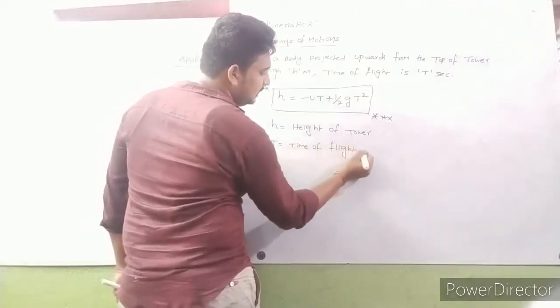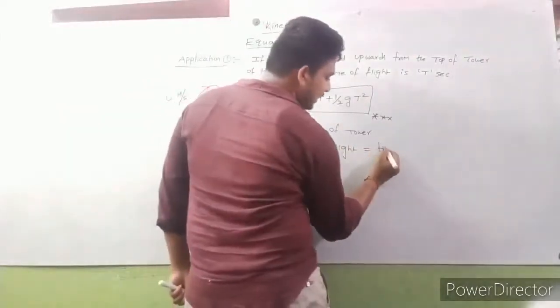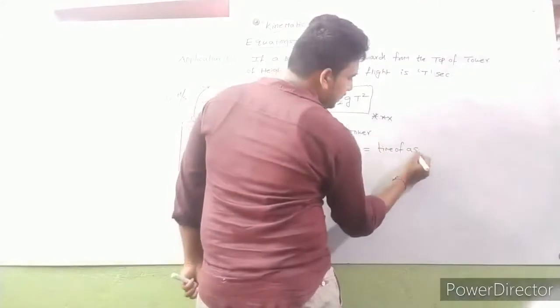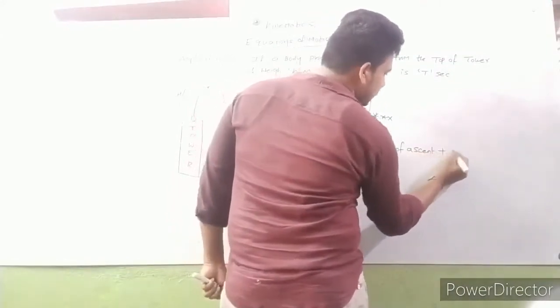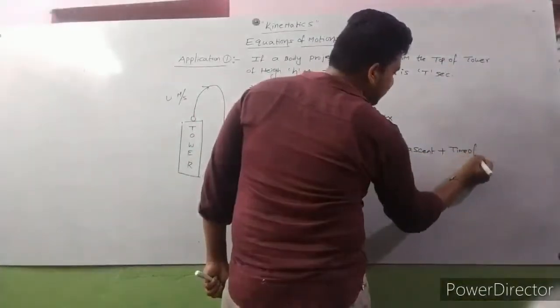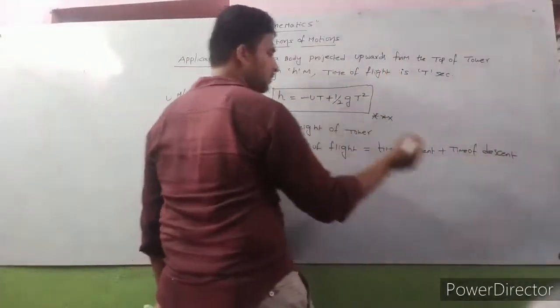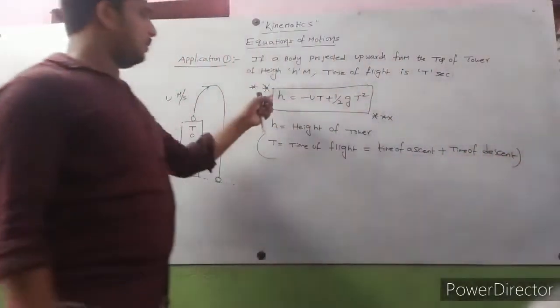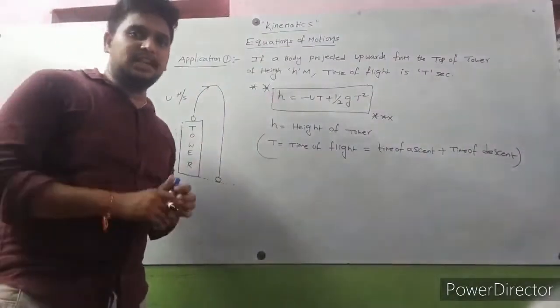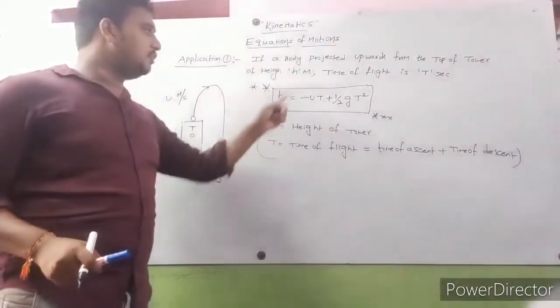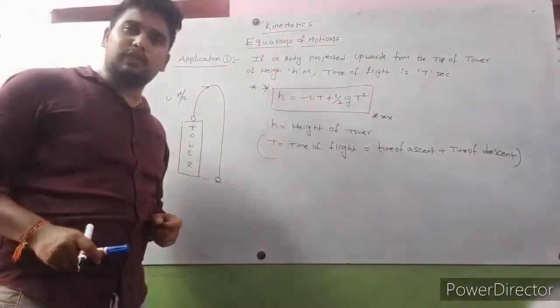Time of flight means time of ascent plus time of descent. Okay, that is called time of flight. So by using this formula, we can easily find the height of the tower and the time of flight.